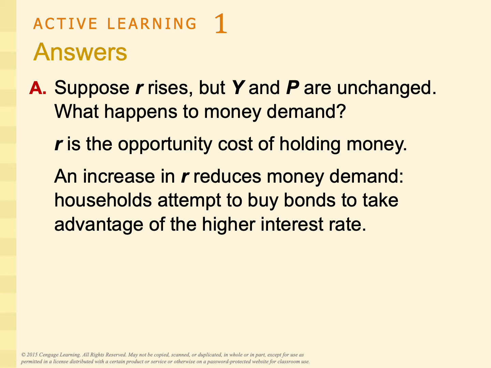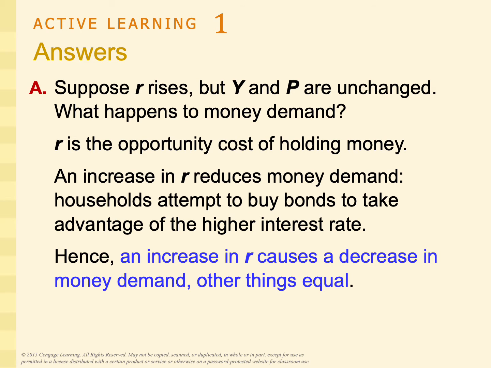Households are going to attempt to buy bonds in order to take advantage of the higher interest rate, and that means that they're going to demand less money and more bonds. And so an increase in the interest rate causes a decrease in money demand, assuming that everything else remains the same.